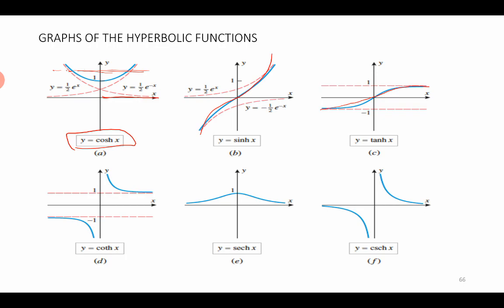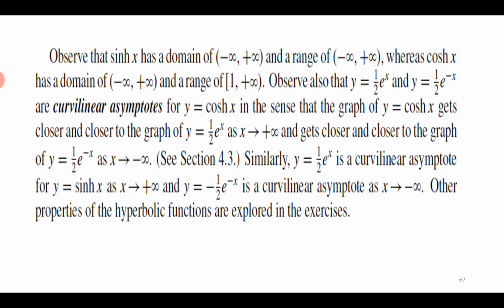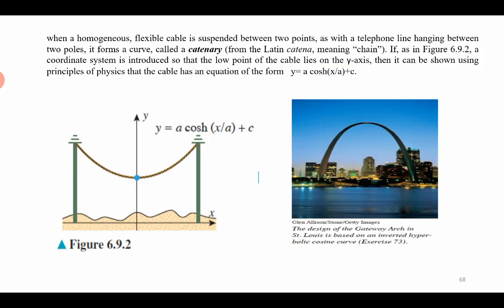Sech is not 1 to 1. It is the reciprocal of cosine hyperbolic, so you can say these two are not 1 to 1 in general, but if you restrict the domain from 0 onward, they will be 1 to 1. Fine. So the domain and range have been analyzed here.